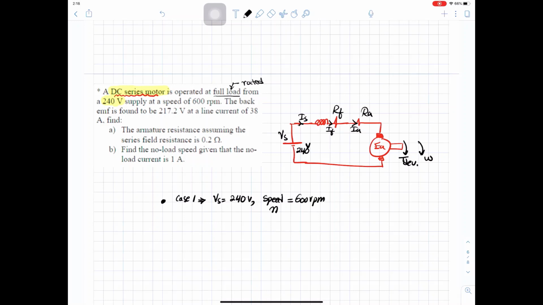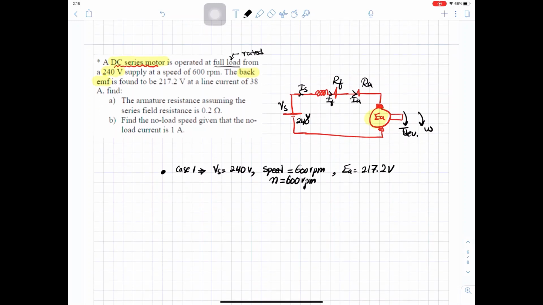We will use small n as the symbol for speed, so N equal to 600 RPM. The back EMF, or EA, is 217.2. So EA equal to 217.2 volt, at a line current of 38 ampere.